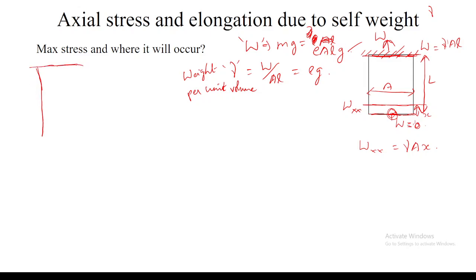Maximum at the top and zero at the bottom, and in between it will vary linearly. At the top it will be W equal to gamma into A into L, and at the bottom it will be zero.